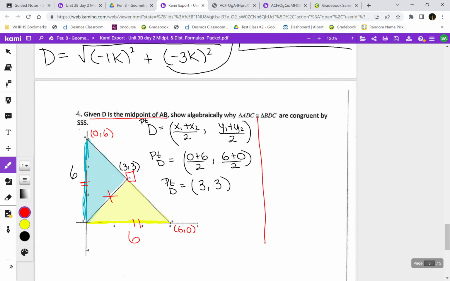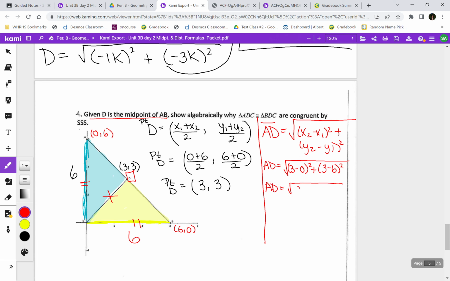So I'm going to find AD. The length of AD is going to equal the root of x2 minus x1 squared plus y2 minus y1 squared. So now I'm going to have 3 minus 0 squared plus 3 minus 6 squared.